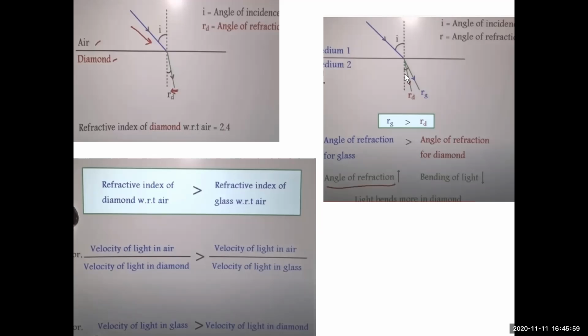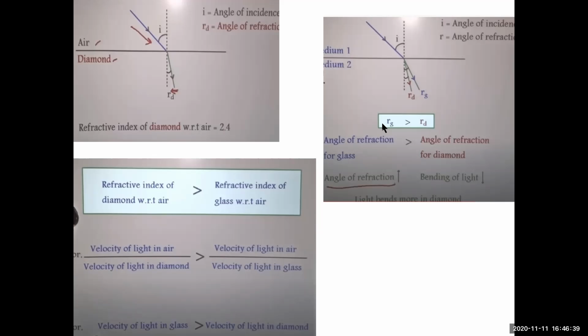If the angle is more, the bend is less from the boundary line of the two media. So for glass the bend is less, and for diamond the bend is more. We know that light bends more in diamond. As the angle of refraction increases, the bending of light decreases.